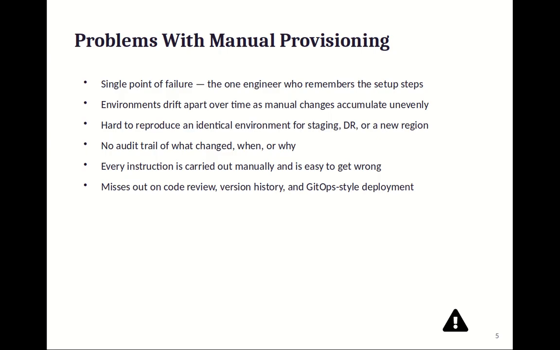No audit trail of what changed, when, and why. Every instruction is carried out manually and is easy to get wrong. Misses out on code reviews, version history, and GitOps style deployment.